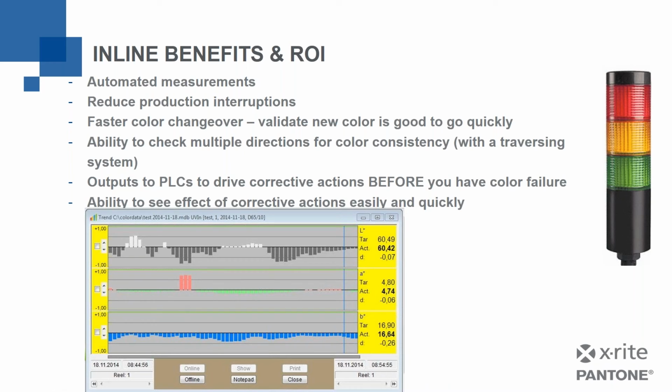yellow-blue. So it gives me the ability to know when I need to take a corrective action, and I can very quickly see that those corrective actions are happening and that they are indeed impacting things correctly.